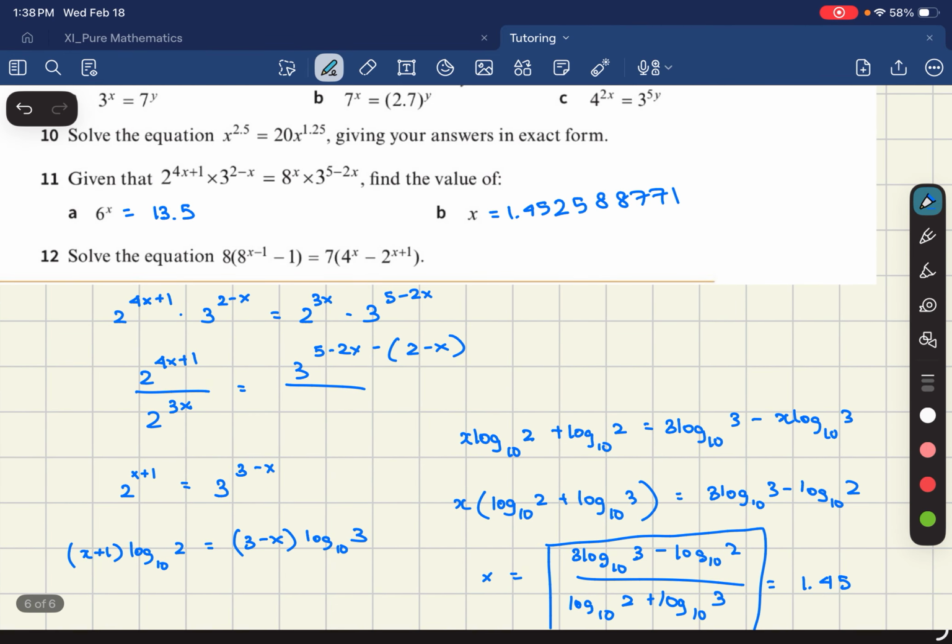Let's see. Is there a step I might have missed that could have helped us to solve?